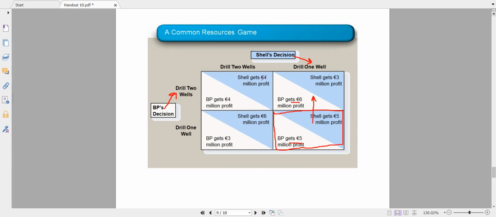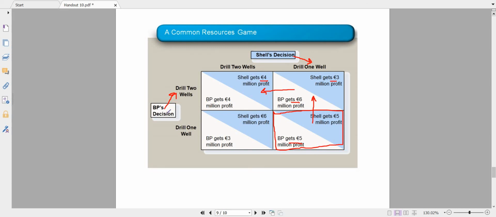Shell is going to look at its payoff matrix, and it makes sense for Shell to also dig another well, and as a result increase its profit from 3 billion euros to 4 billion euros. So we move to this box here, and once you're settled in this box, there's no incentive for either Shell or BP to make any other decision.